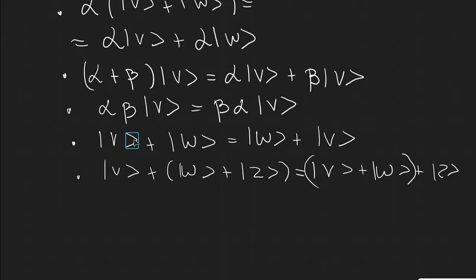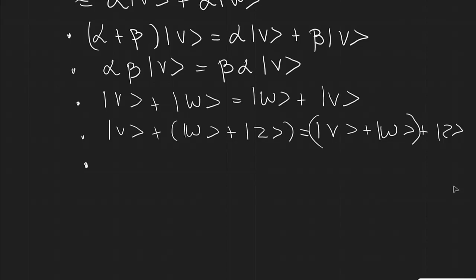Some other rules that kind of make sense from algebra is that v plus w will of course have to be equal to w plus v, and additionally they also have to be associative, meaning that v plus (w plus z) will be equal to (v plus w) plus z. Now the next one is pretty important, and there needs to exist a null vector.